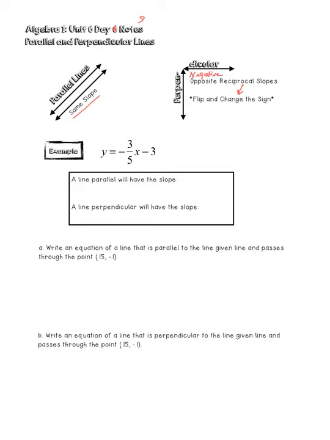So let's practice just writing the slopes. Looking at this equation, y equals negative 3 over 5x minus 3. As always, y equals mx plus b. M is your slope. Always has been, always will be.